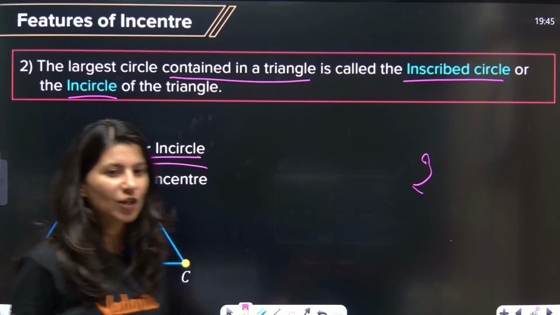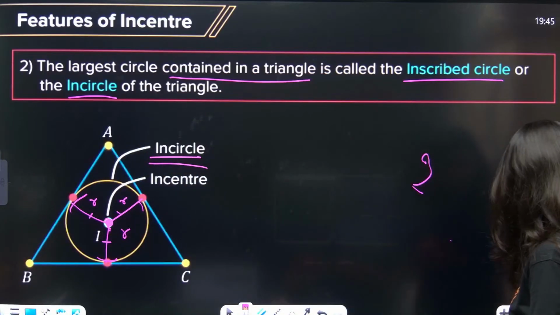Yes. Chalo, let's do one question. How many of you are question ready? Let me know.